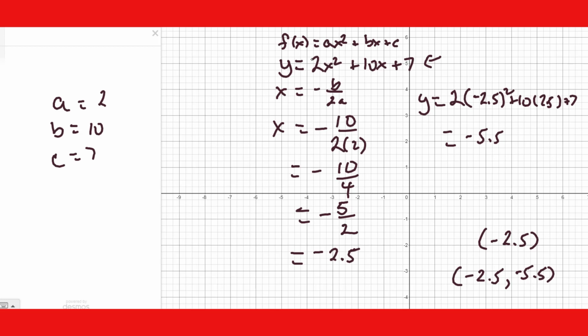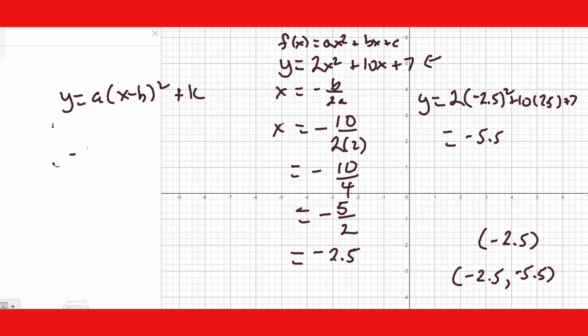Now, do you remember vertex form? We're going to plug this back into vertex form just so we can go a little bit backwards. Since we've got a parabola with a vertex at negative 2.5, negative 5.5, vertex form is y equals a times the quantity x minus h squared plus k.